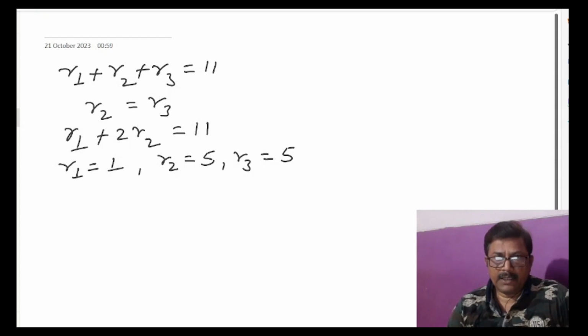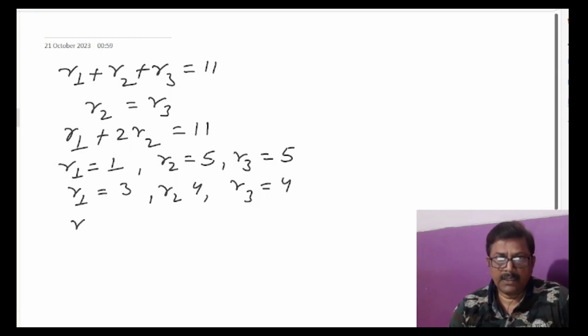Again if I take R1 equal to 2, then 2R2 will be equal to 9, which is not possible. If I take R1 equal to 3, then 11 minus 3 is 8, so R2 will be 4, R3 will be 4, correct?